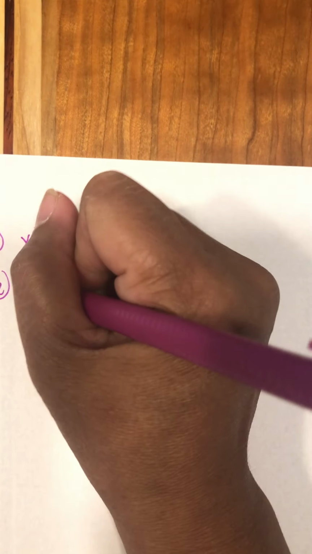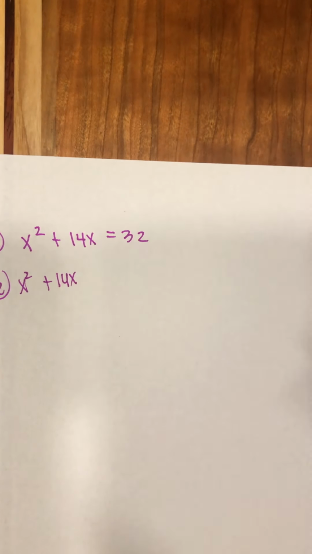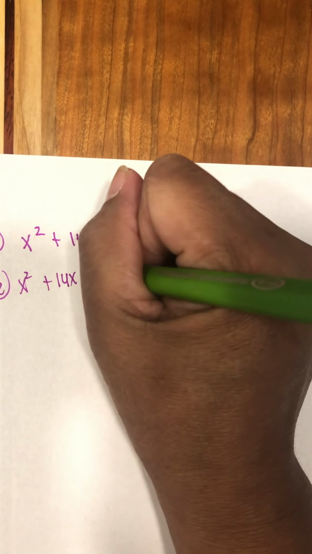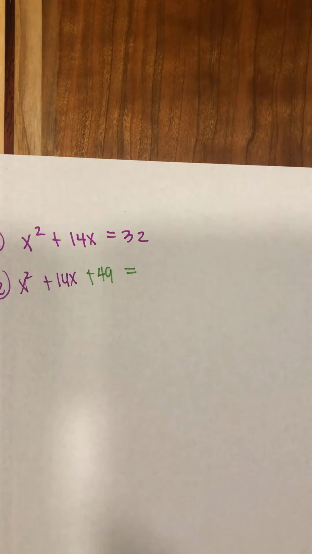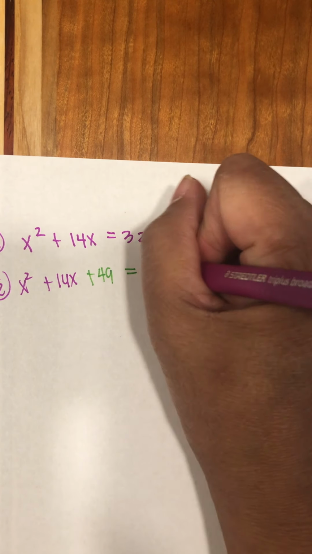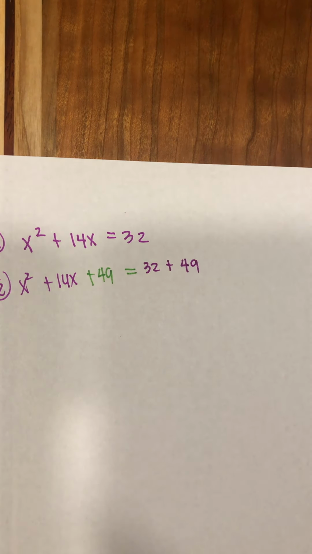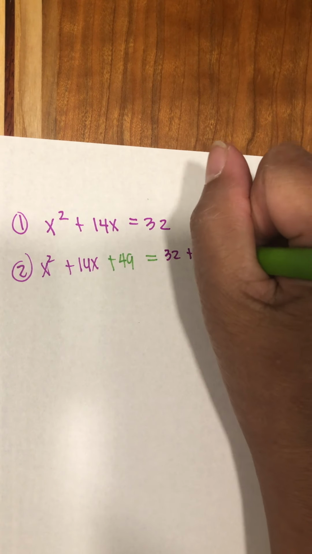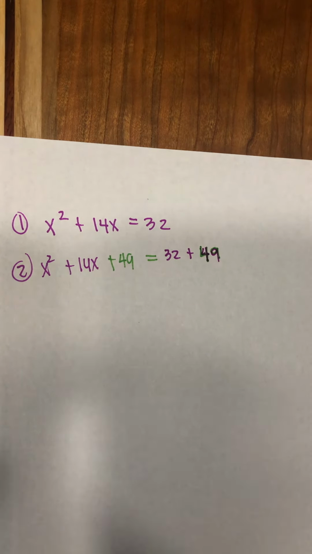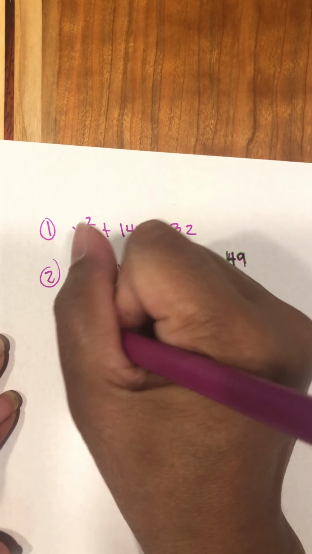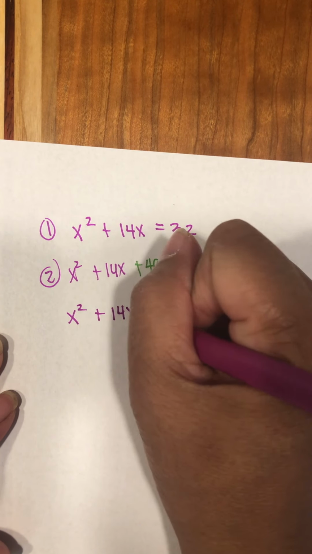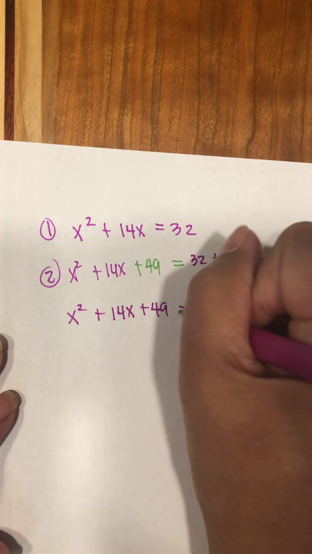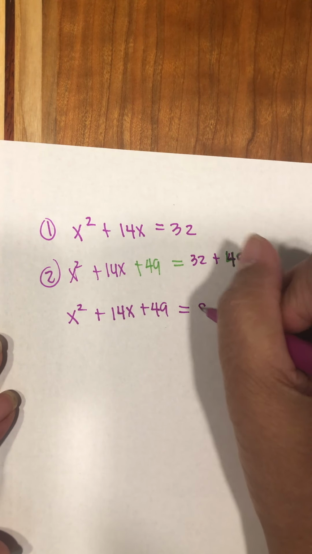So now we have x squared plus 14x plus 49 equals 32 plus 49. Sorry, that's supposed to be green to show you. Now you end up with x squared plus 14x plus 49 is equal to 81.